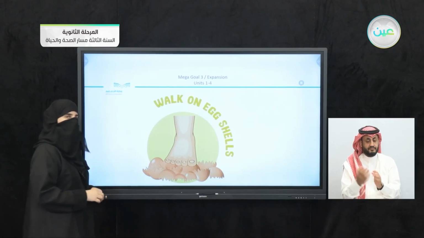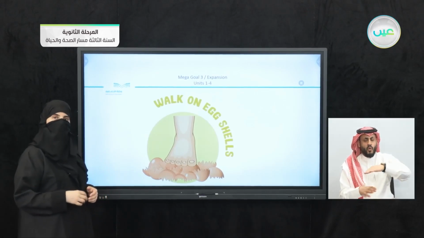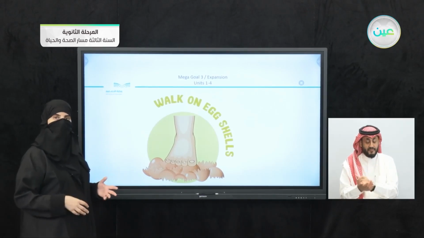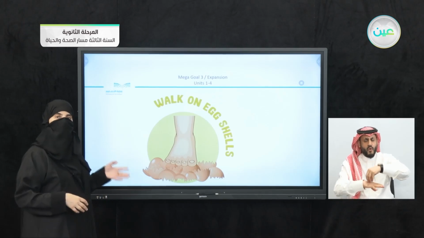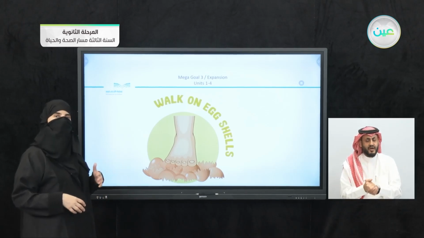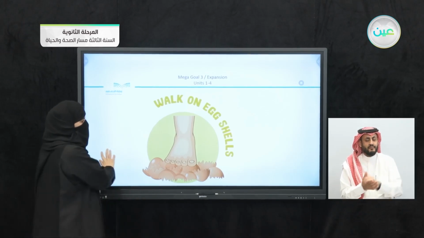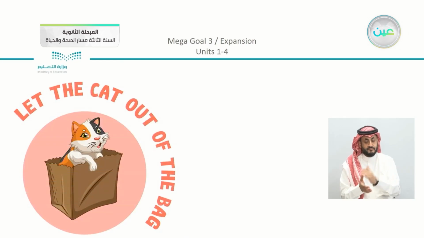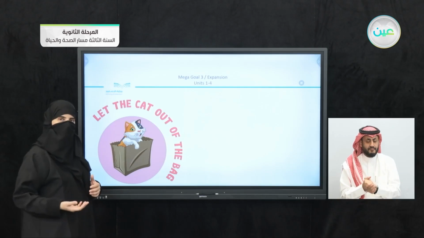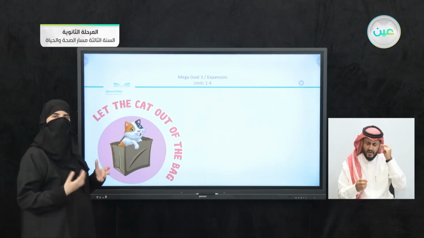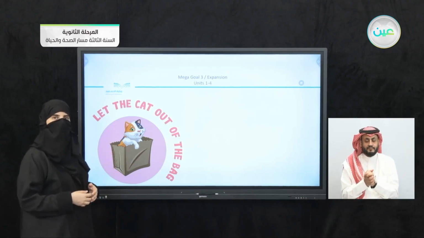Walk on eggshells. Now, have you ever seen someone, or have you ever heard that someone actually walked on eggshells, or does it mean something else? We have also another one. We can say, let the cat out of the bag. So also you can explore and find out what do these idioms actually mean.